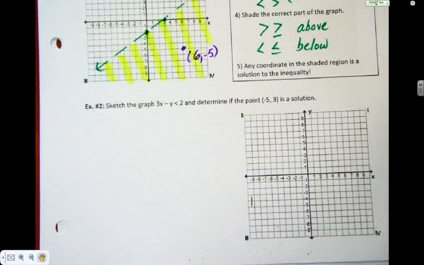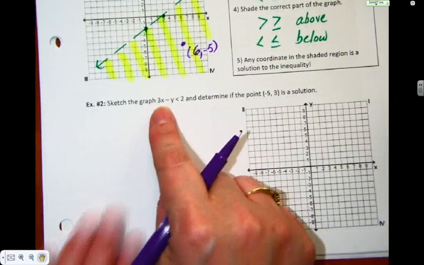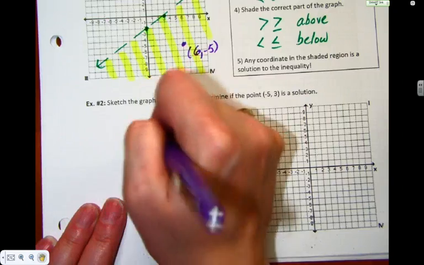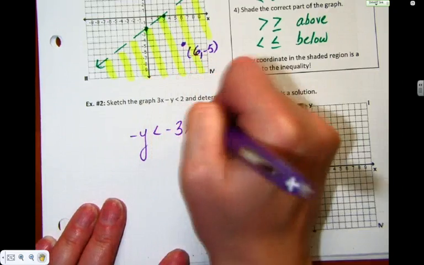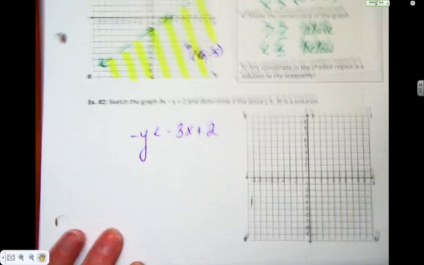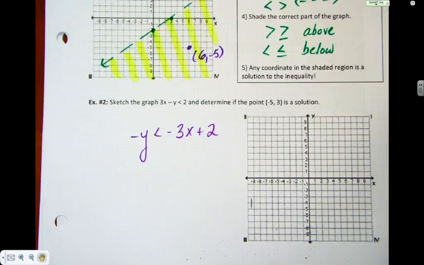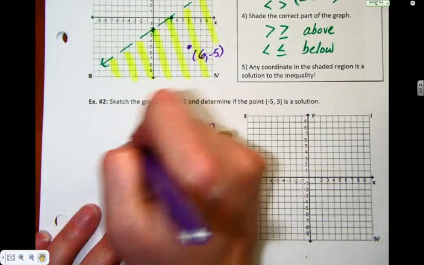Step 1. Okay, how do we get rid of the 3x? Ooh, divide by what now?